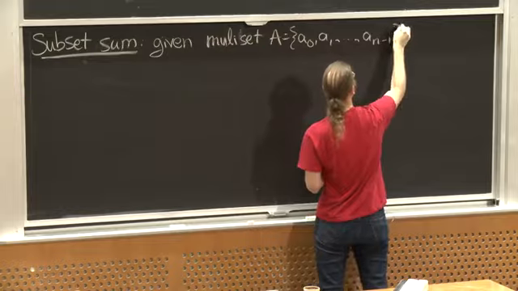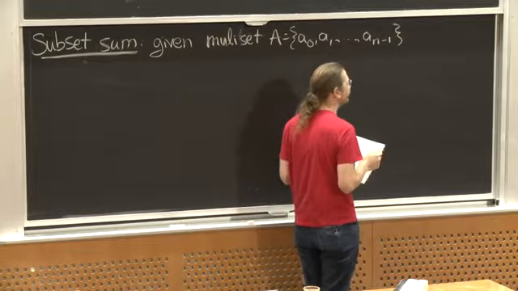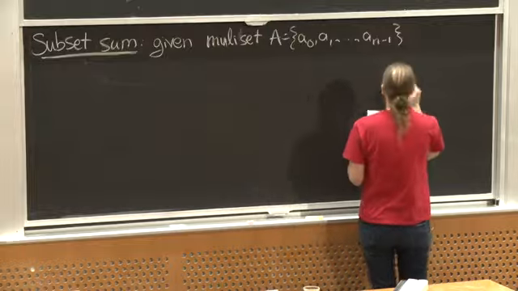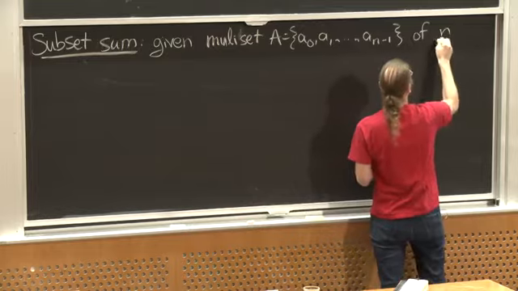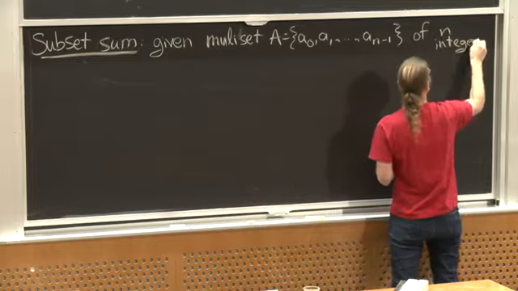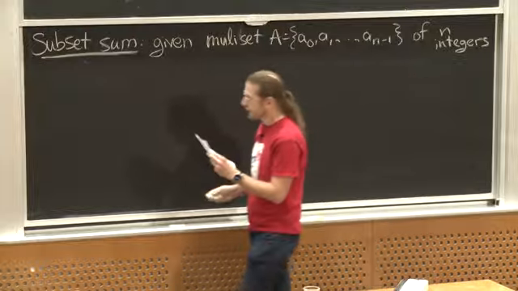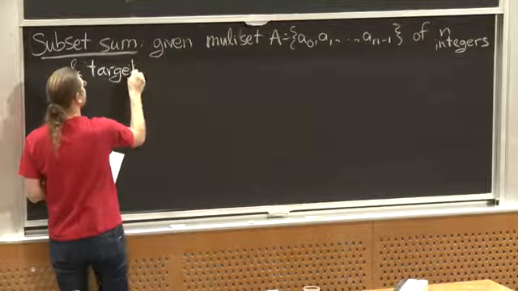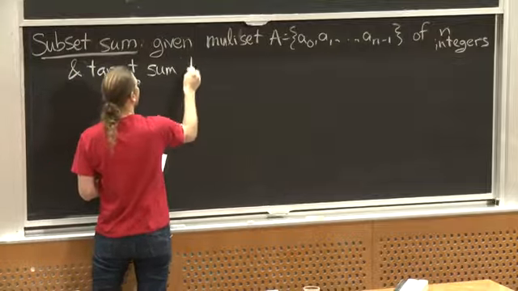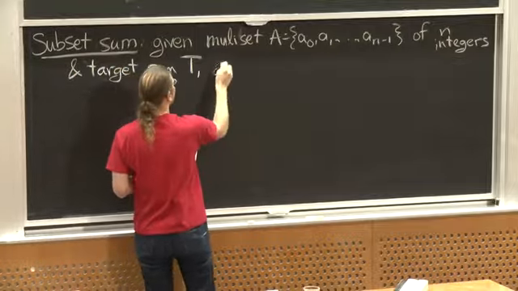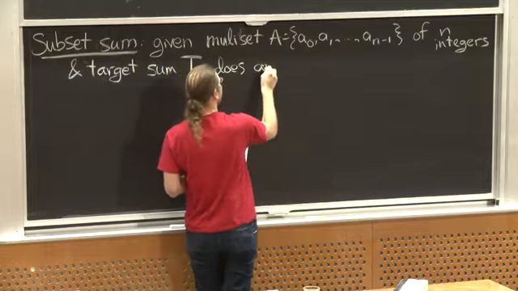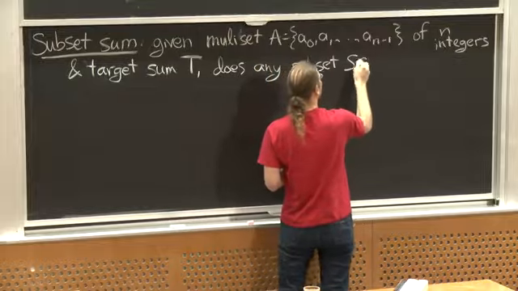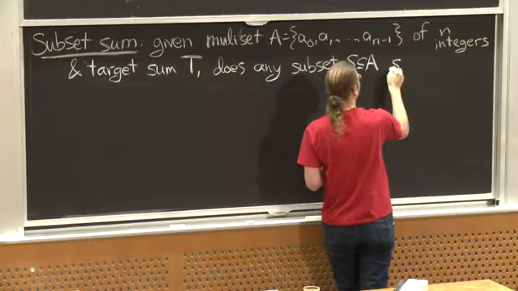So this is just a sequence of numbers. But I'd like to use set notation because I want to use subsets, because it's subset sum. So this is of n integers. And we're also given a target sum. And we want to know, does any subset sum to the target sum?